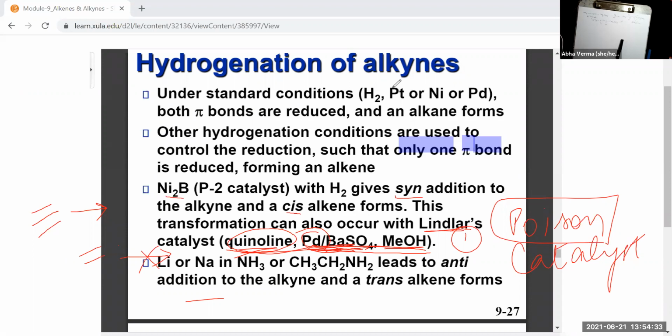On the other hand, there is a second reagent also that can give you a cis alkene, nickel 2 borane, also known as P2 catalyst. So P2 catalyst and the Lindlar's catalyst will do syn additions to alkynes and give you a cis alkene. Let's look at an example here.